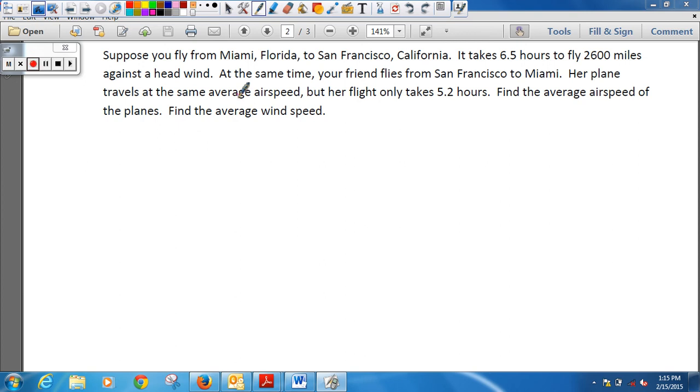So again, I would look at our two things here. For the first one going from west to east, we have the airspeed plus the wind speed gives you our ground speed. And the one that's going from east to west, we have the airspeed minus the wind speed, because it's working against them, is equal to speed.